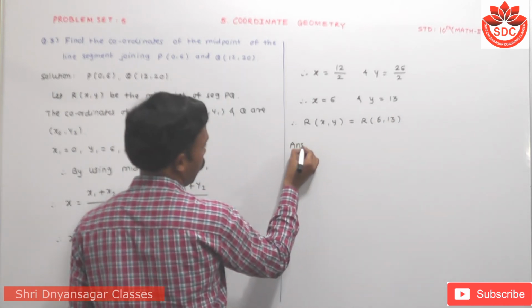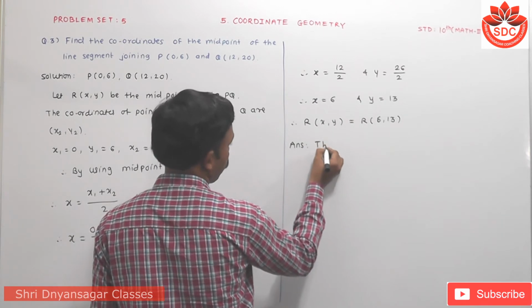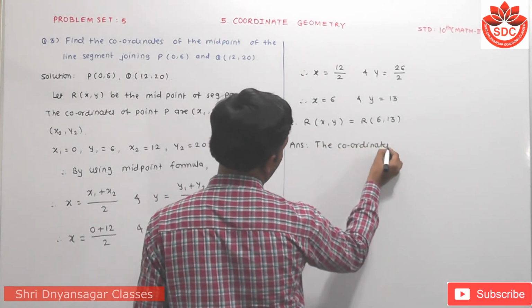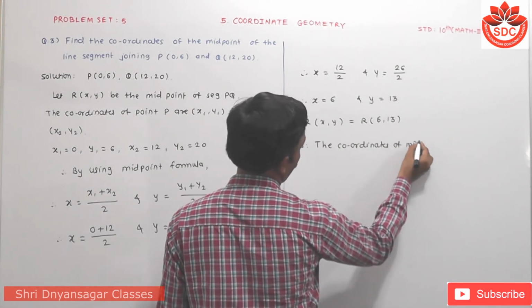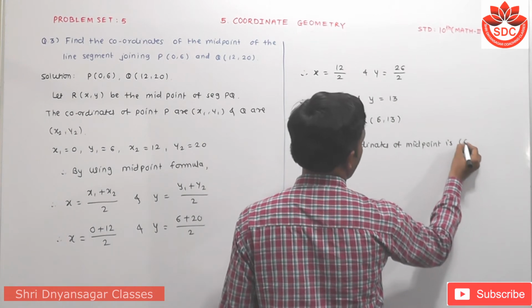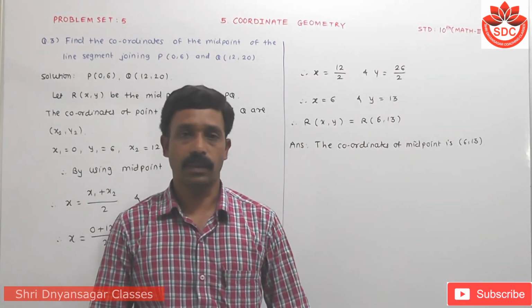Therefore the answer in full sentence: the coordinates of the midpoint is 6 and 13. Okay, we take the next question.